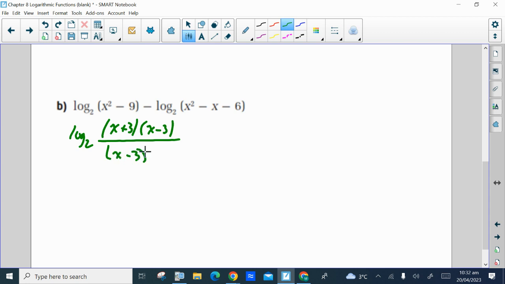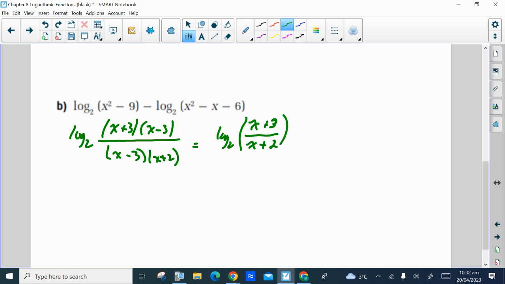So it'll be x minus 3, x plus 2. The x minus 3's will cancel. And we have log base 2 of x plus 3 over x plus 2. So there's our simplified expression.